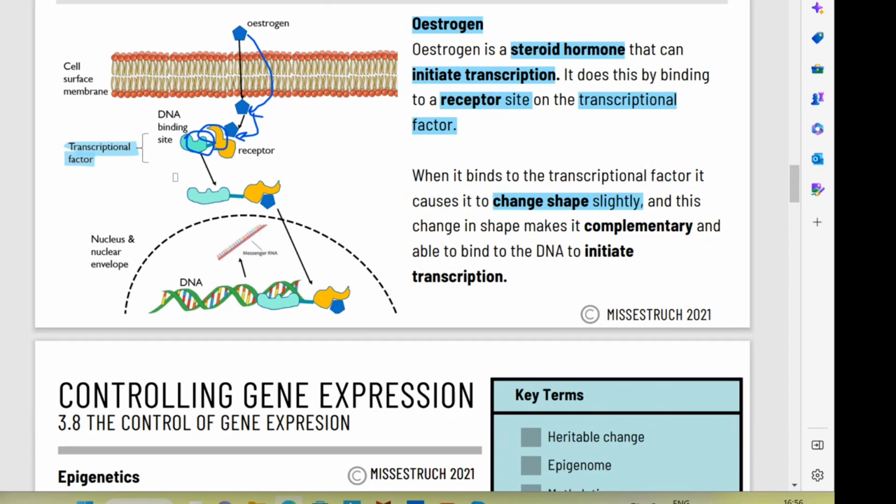The transcriptional factor is what I circled here. So this can change the shape slightly, and it makes it complementary to the DNA bases, which is down here. Okay. So this will then initiate transcription.